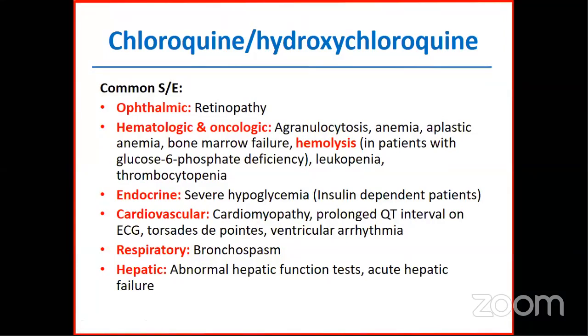If you are using chloroquines with a patient on insulin, you have to reduce the dose because those patients usually develop severe hypoglycemia because of the insulin interaction. Cardiovascular, we mentioned enough regarding prolonged QT, respiratory bronchospasm, and hepatic. We are seeing a lot of abnormal hepatic function tests and acute hepatic failure.